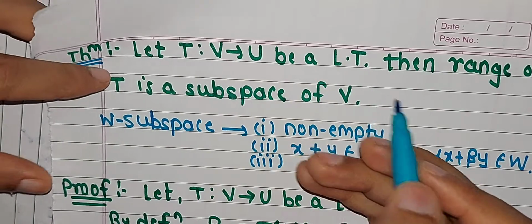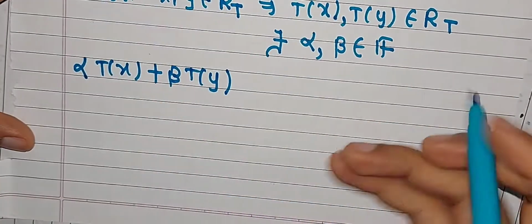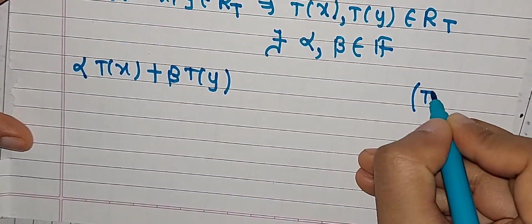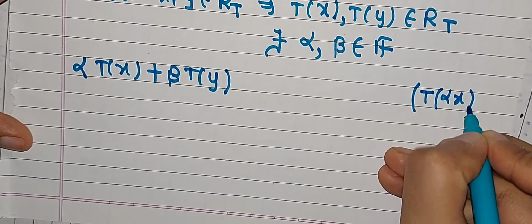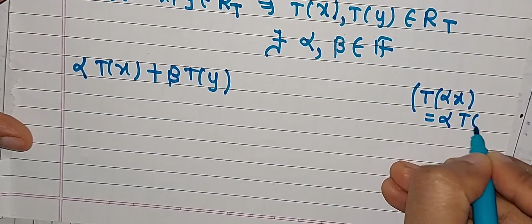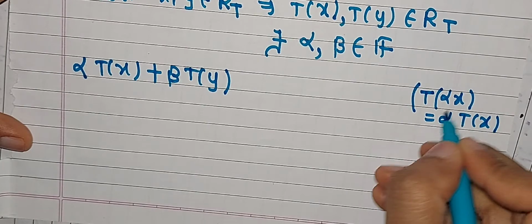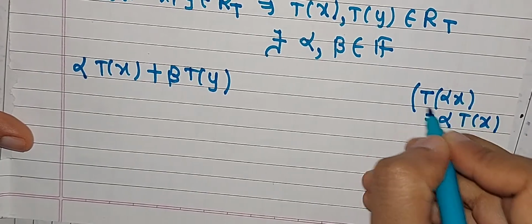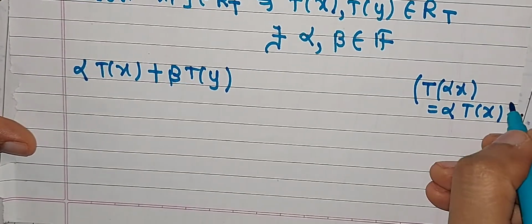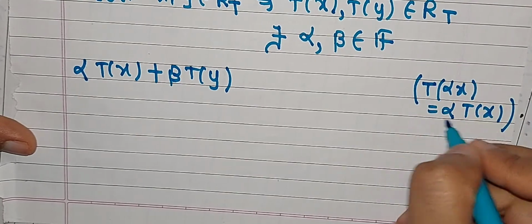Okay, since we have one condition, that T is a linear transformation. And in previous lectures, what is a linear transformation? When we take T of alpha x, then we can write it as alpha T of x, or if we have alpha T of x, then we can write it as T of alpha x. This is possible because T is a linear transformation.